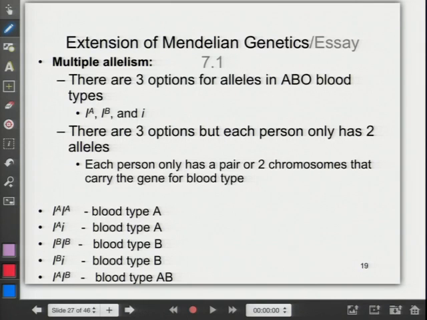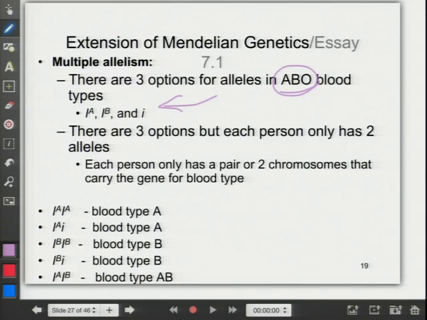The math doesn't work out. And so as it turns out, there are 3 alleles for the blood types. And this is just our ABO blood types. It's not the positive and the negative. We're going to do that on the next slide. But just type A, type B, type AB, and type O. So there's 3 different alleles.